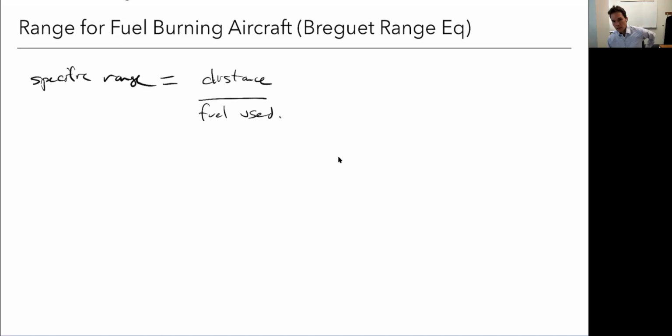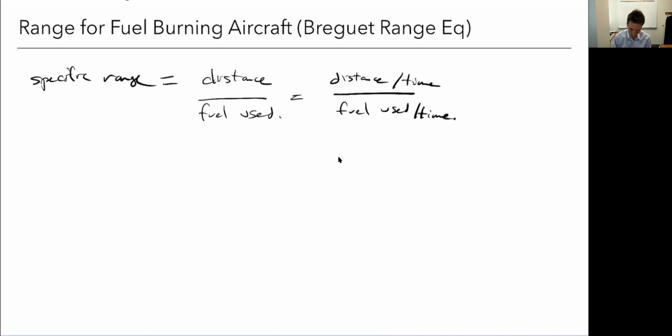I can write this as the distance I fly, the range per unit fuel burn, and then I can integrate across my flight to figure out the total distance that I flew. It's going to be easier if we divide both of these by time. So let's say distance per time divided by fuel used per time. Well, what is distance per time?